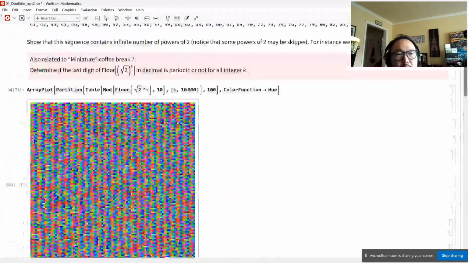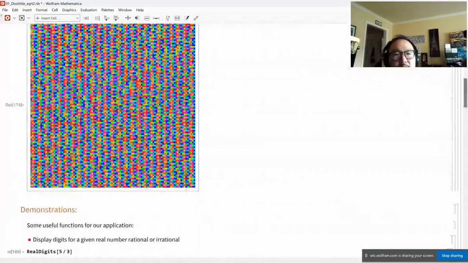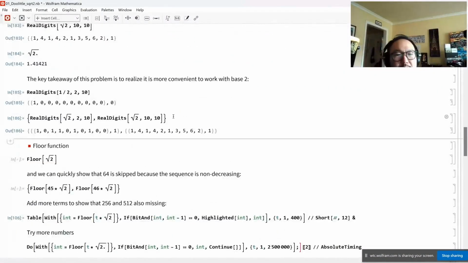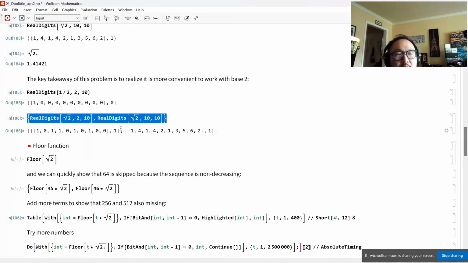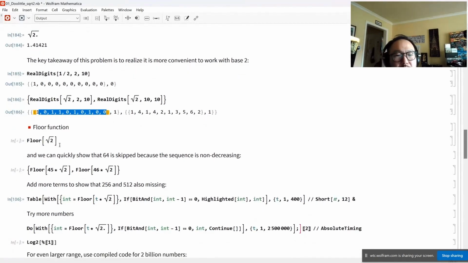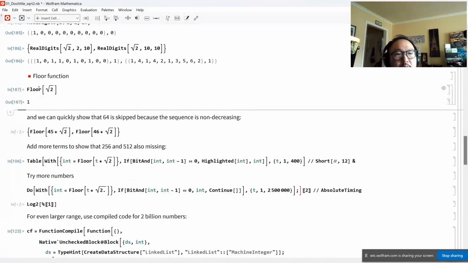And because we are looking for 2 to the power of n, it's natural for us to think of this problem in binary digits. So this is the first key idea: use this function to represent square root 2 in terms of binary digits. And this also shows how the floor function works with square root 2, because it just truncates and removes all the decimal parts.